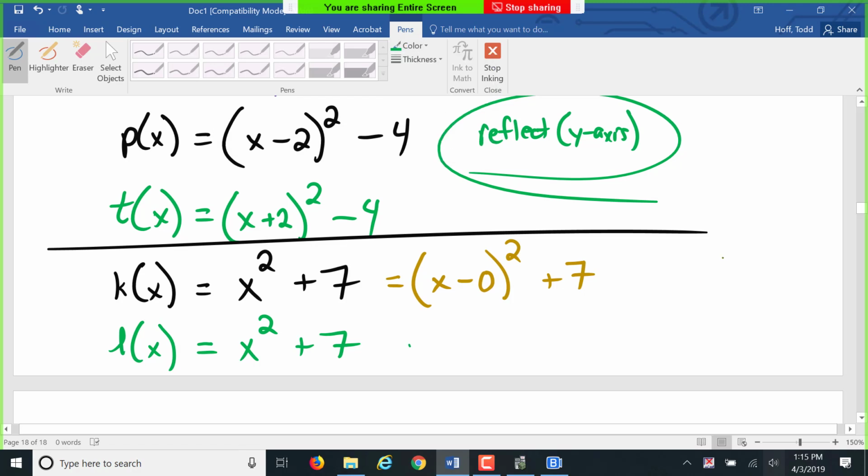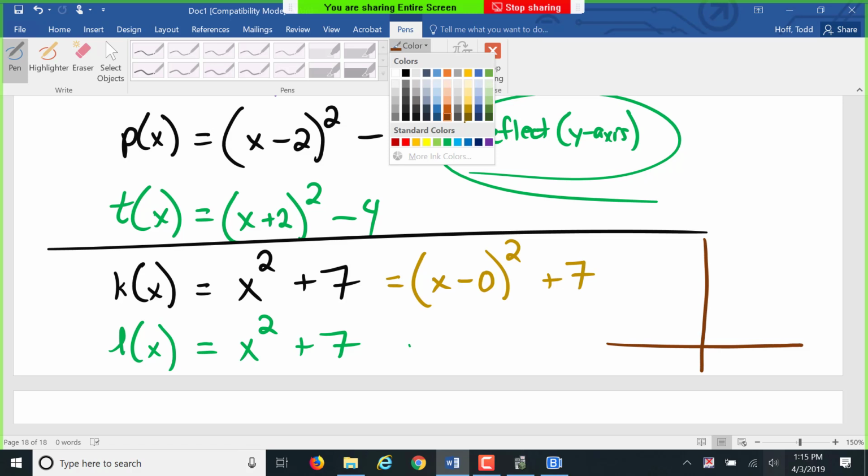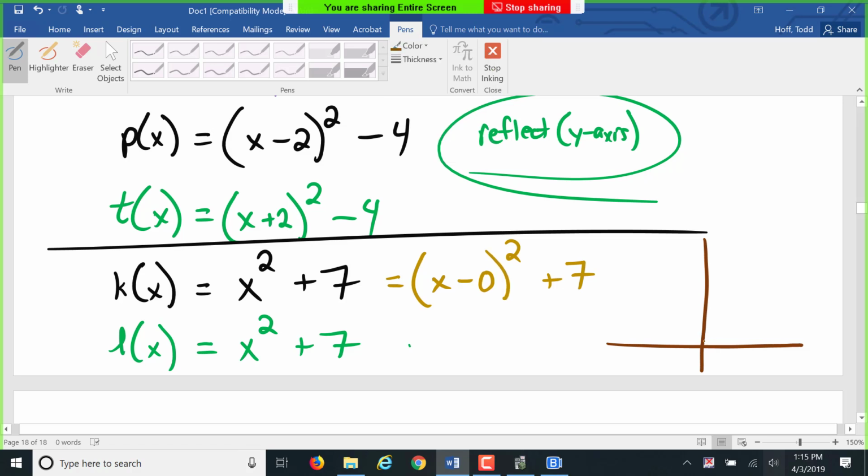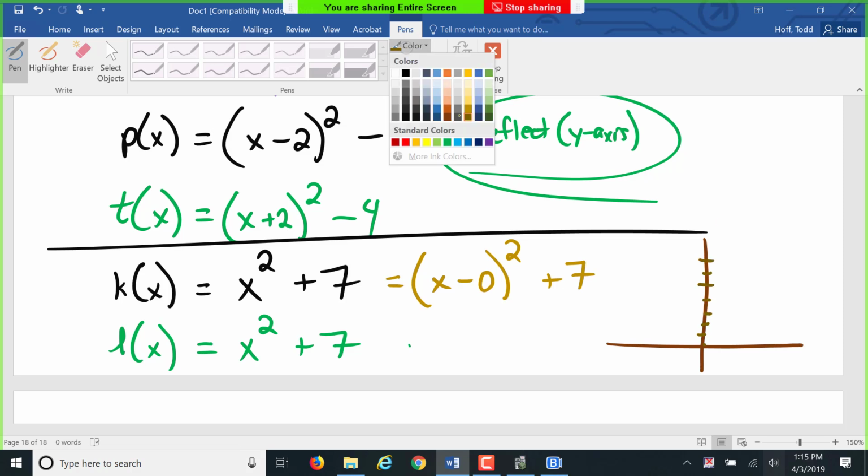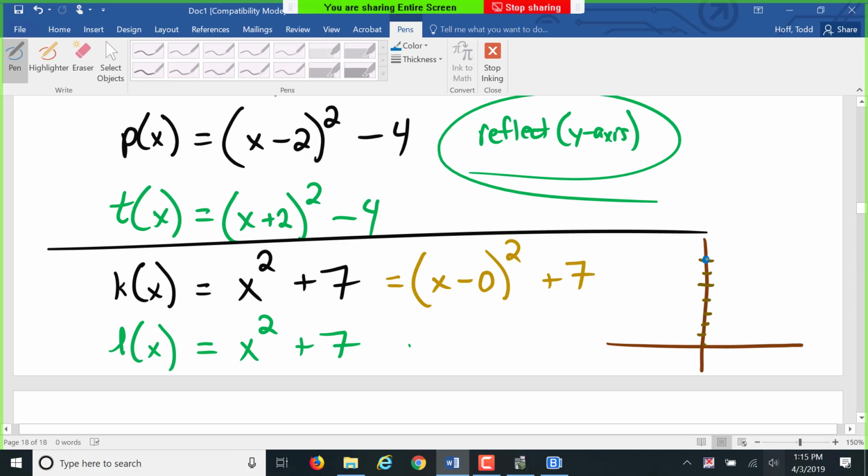The reason that one doesn't change is because x squared plus 7 looks like this. Its vertex is at 7 and it goes up like that. Its vertex is on the y-axis. It is symmetrical about the y-axis.